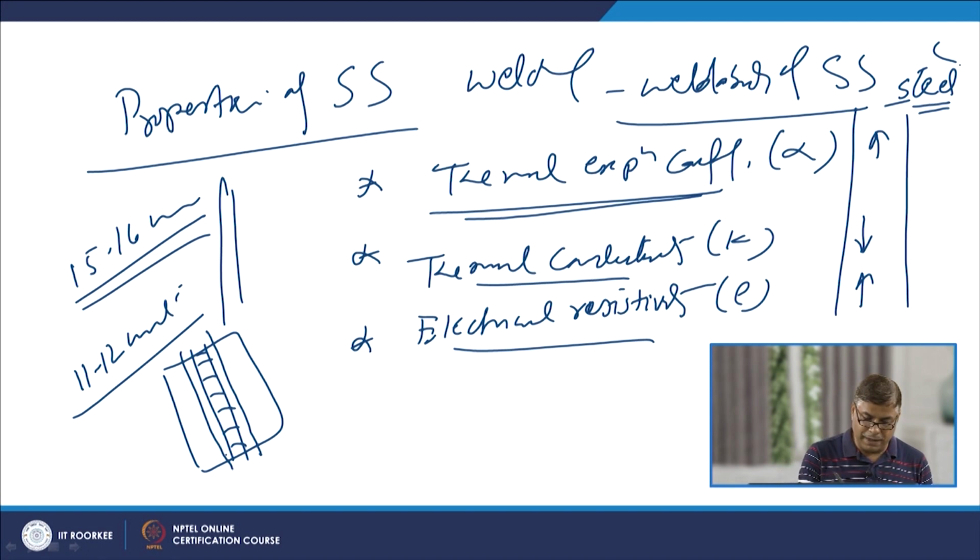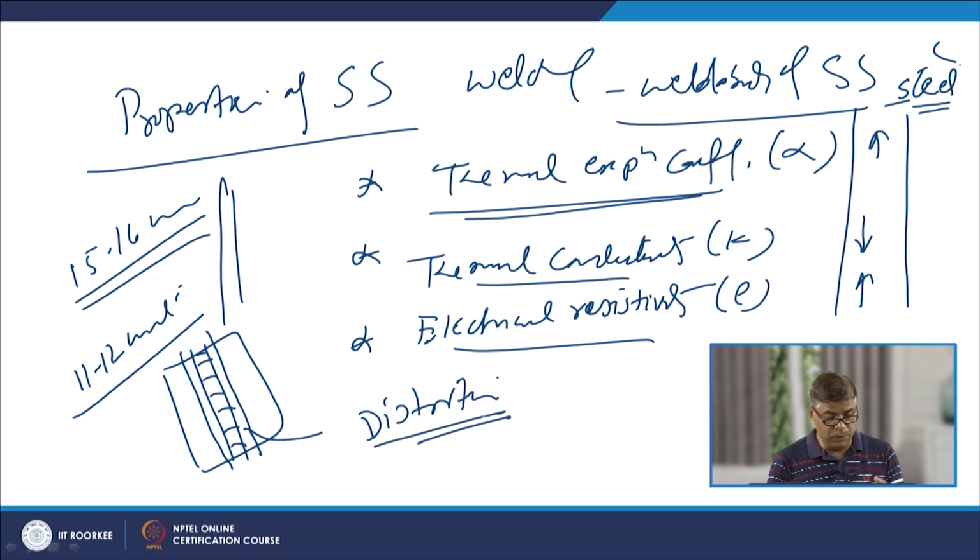Due to the higher thermal expansion coefficient of the SS, it will experience greater expansion and contraction during the cooling phase, and this poses greater difficulties associated with distortion. So, to control the distortion we need extra care and precaution during the welding of the stainless steels as compared to the carbon steel.